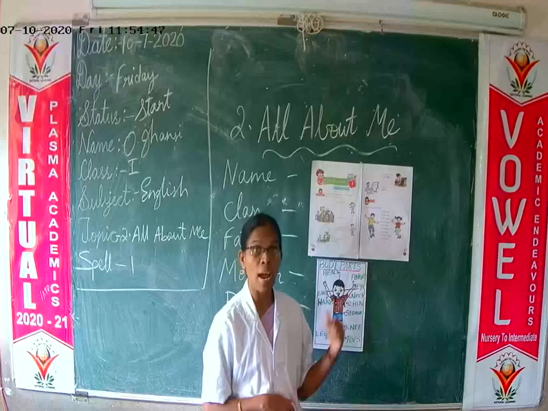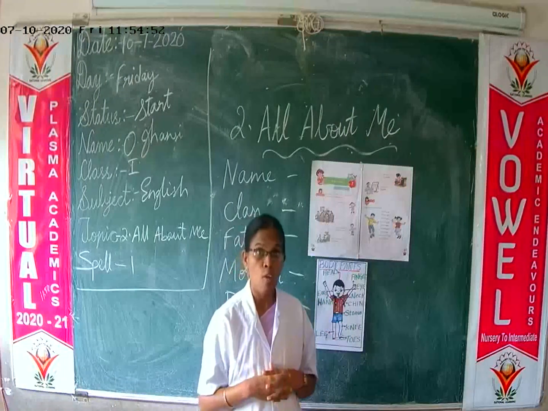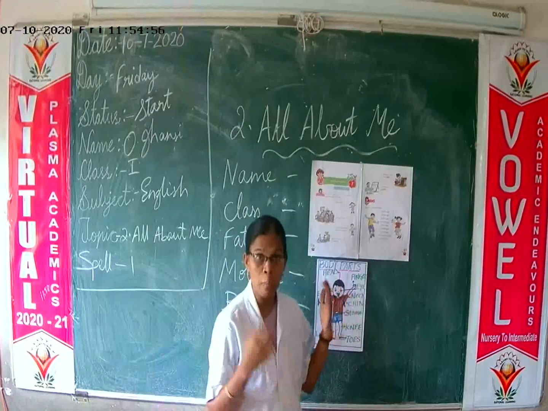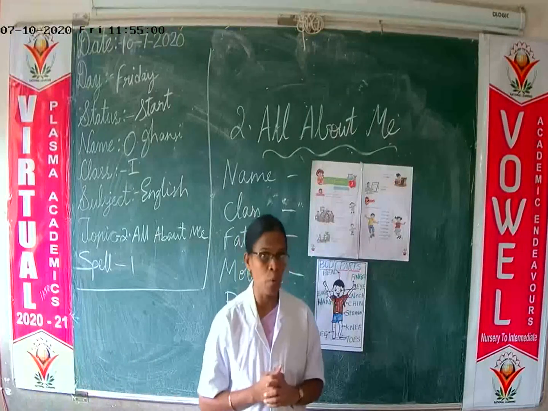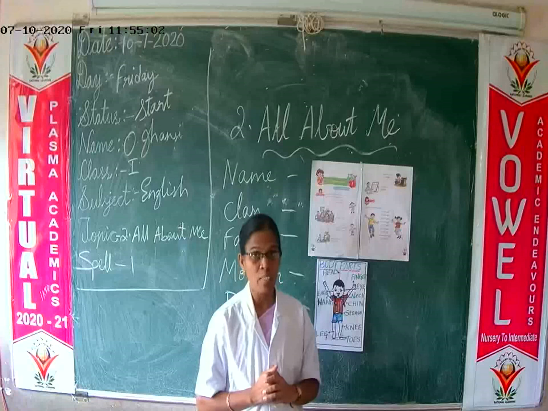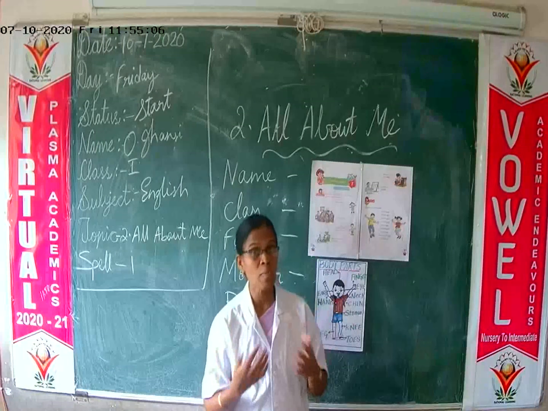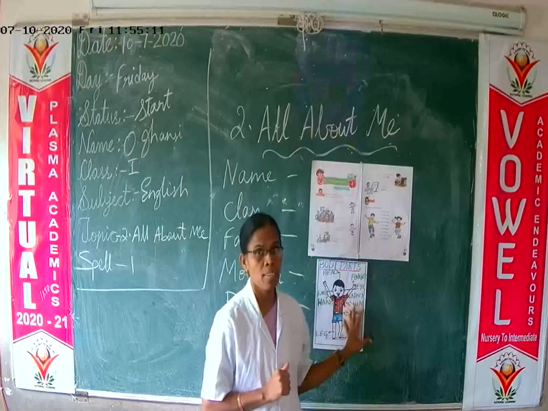I hope you have understood, children, how to introduce ourselves, and I think you have understood about the parts of our body. And I hope you enjoyed the poem. Yes? How I recited the poem, did you enjoy? Yes. So, we will meet you in the next class again. For today, we'll stop here. Yes, children?